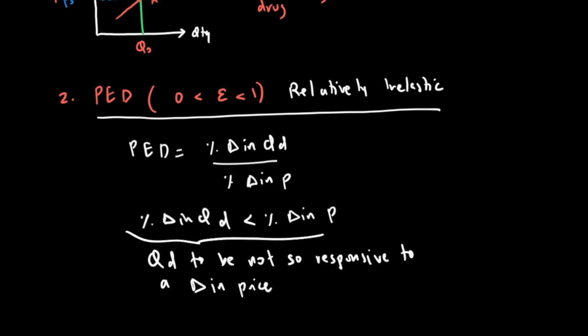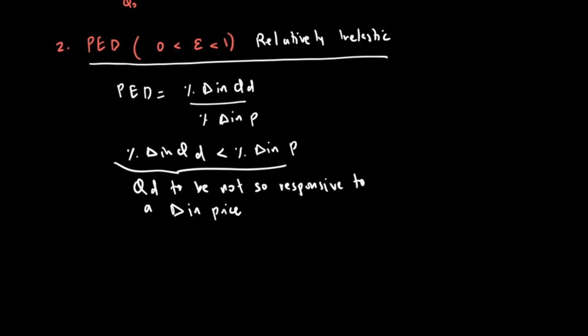And the reason why people are not too responsive to a change in price is because they might have what we sometimes call a strong liking for the good, like a brand loyalty for the good. If you have a strong brand loyalty for the good and the price of that good goes up, you may not switch really easily.